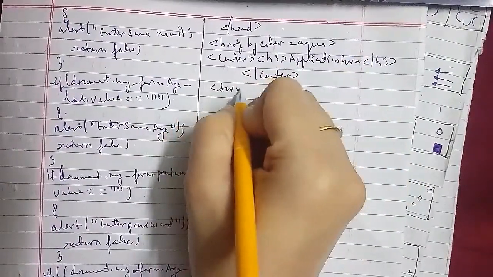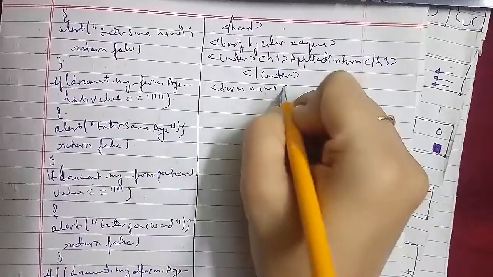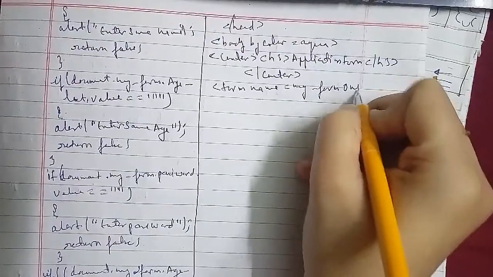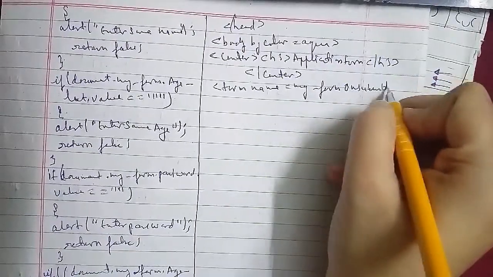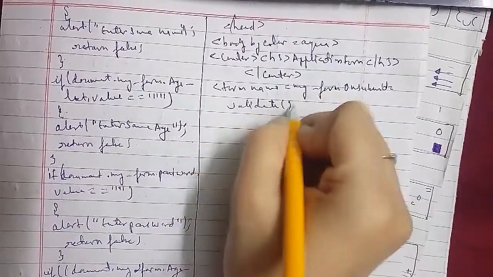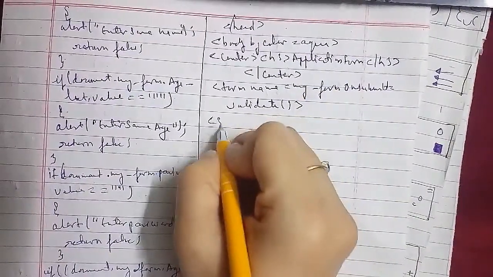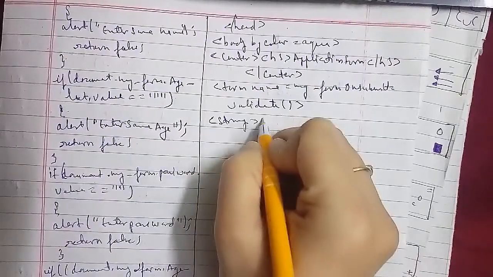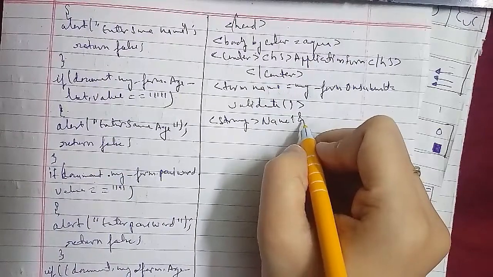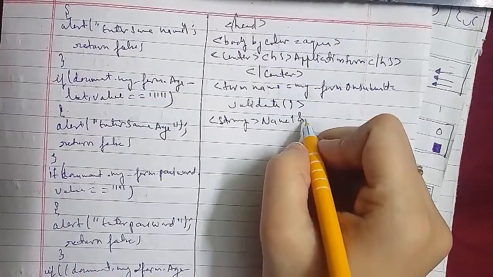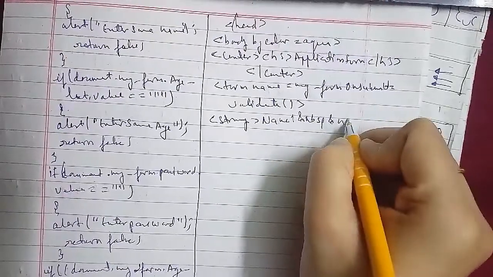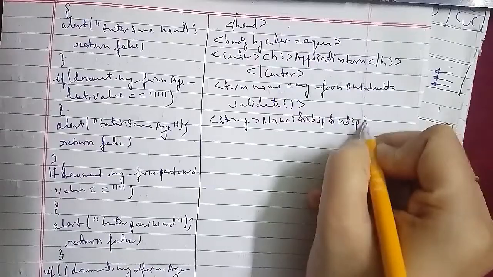Then after that, input type equals to text name equals to age, value equals to empty, then br tag, and then after that br tag as well. Then we'll start with the strong tag, that is password, strong tag close.